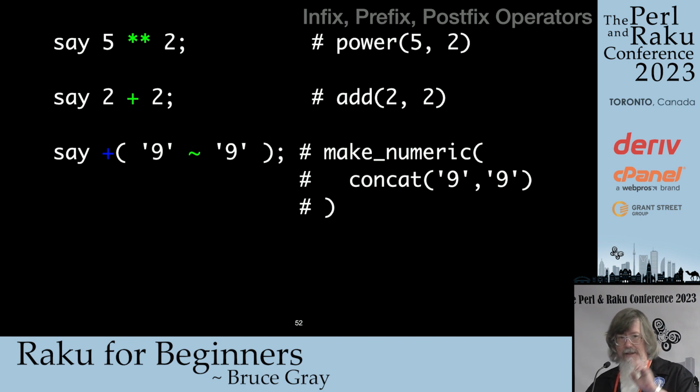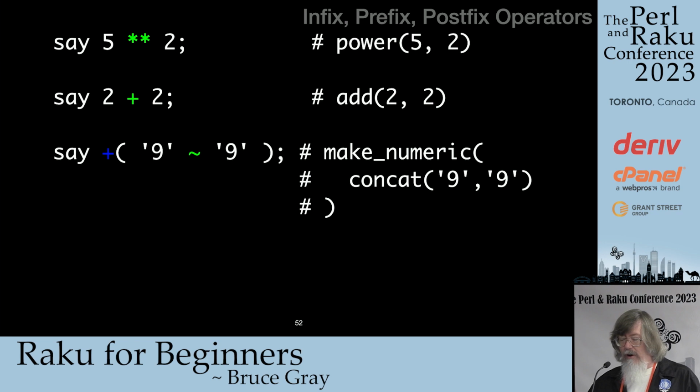So it actually has to keep track of, and automatically does, it's really brilliant, where it is in the stack of things that are to the left and to the right of the operator to know whether you're talking about a prefix version or infix version or a postfix version, like we have $a++. That's a postfix self-increment. We'll see those later.